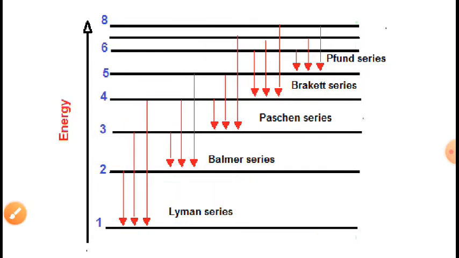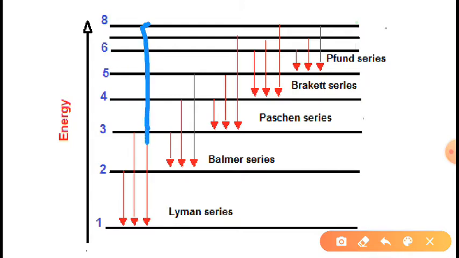Now after some time they will release their energy. Okay, so when they release their energy, suppose an atom was in the seventh excited state. That atom has released its energy. After releasing the energy, if it jumps directly to the ground state, you can see here, the ground state.